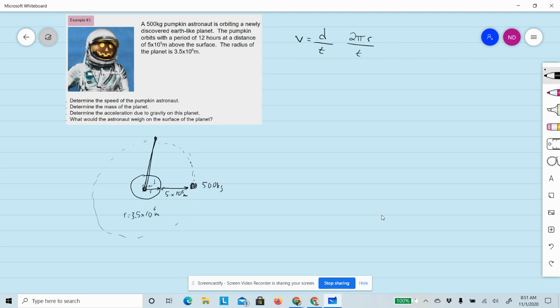The radius of the orbit is going to be the radius of the planet plus the altitude of the pumpkin.